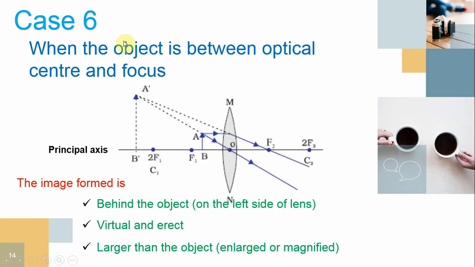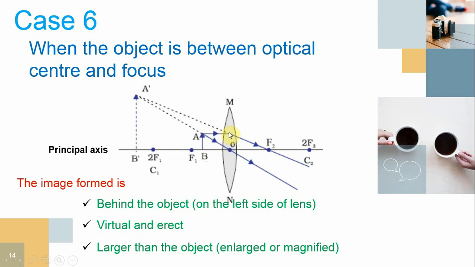So case 6, when the object is between optical center and focus. This is the focus. Here the O is called the optical center. So we place the object between F and O. So this is the object. We take two rays.